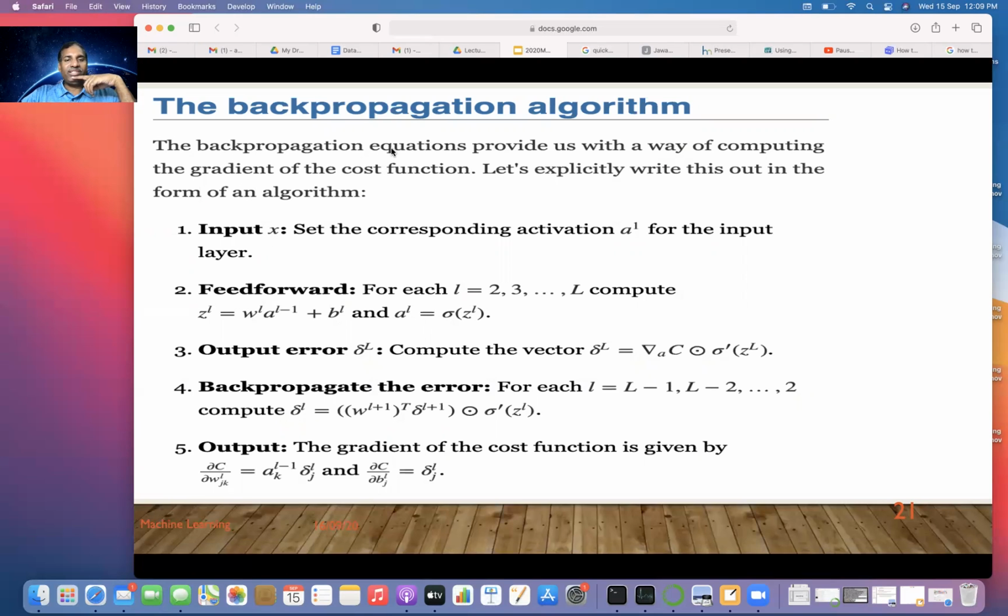The back propagation equations provide us with a way of computing the gradient of the cost function. Let's explicitly write this out in the form of an algorithm. Usually, to understand without mathematics how these weights are fixed: you are fixing weights from the first layer to the second layer to the third layer to the fourth, and finally you get the output layer.